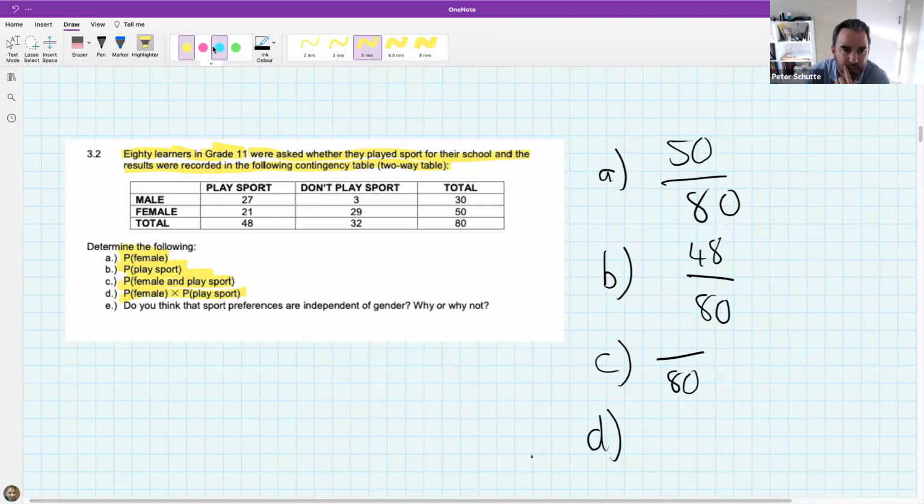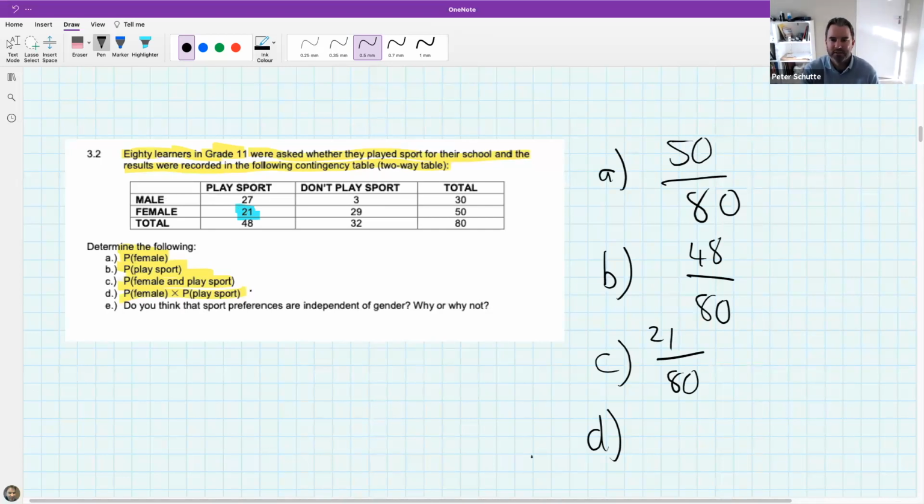Which one would that be? So I go for female and I play sport. So there's a 21 out of 80 chance that you'll choose a female who plays sport for the school.